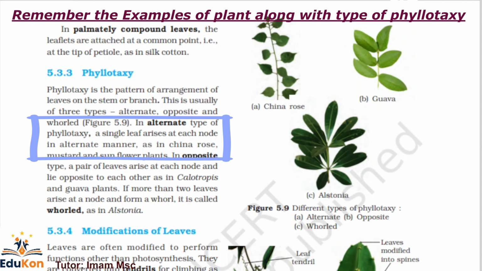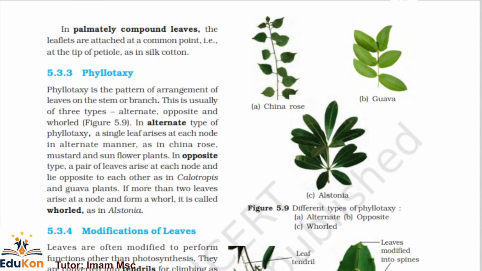So we have seen three examples of phyllotaxy: alternate, opposite, and whorled. In China rose we are seeing alternate type, whereas in guava we have a parallel arrangement, meaning the leaves arise at each node parallelly and opposite to each other. Whereas in whorled phyllotaxy, more than two leaves arise from the node and form a whorl.